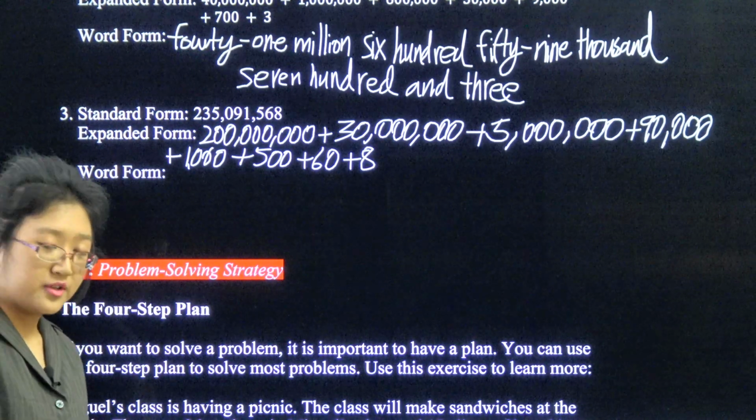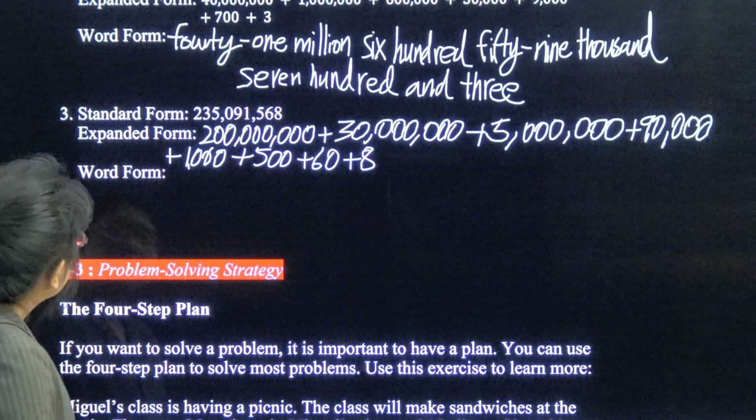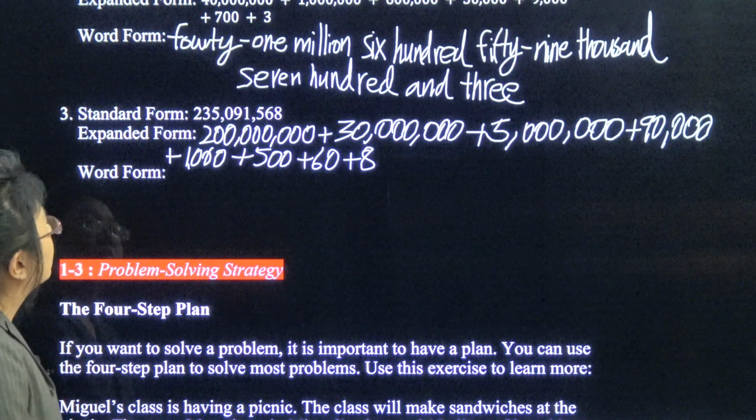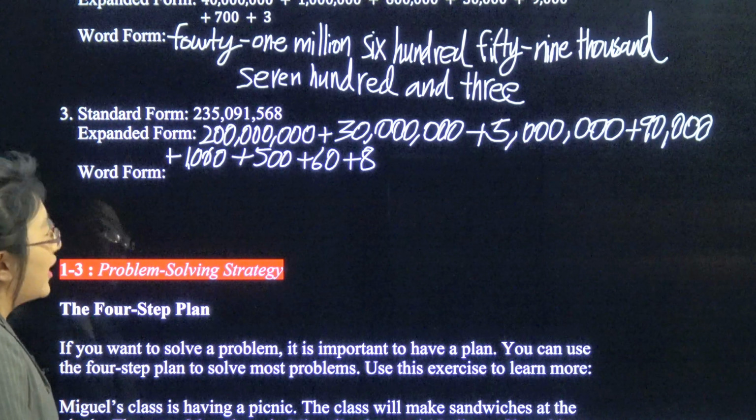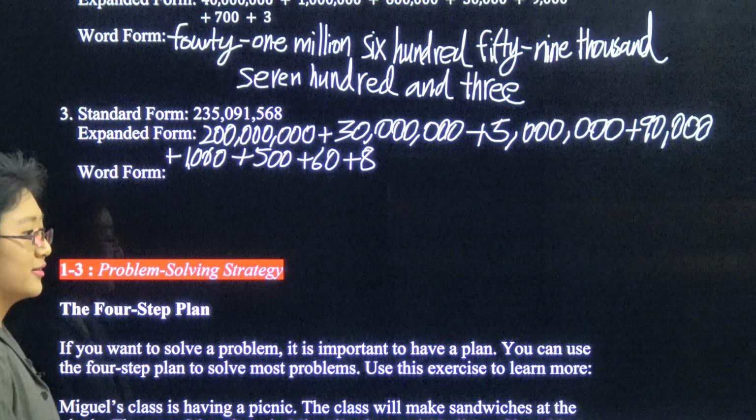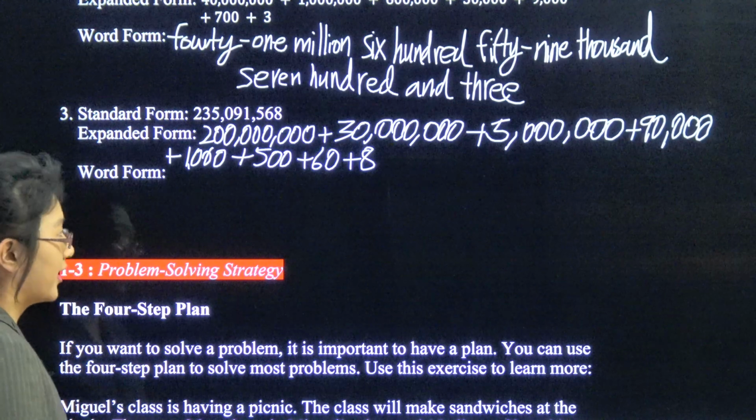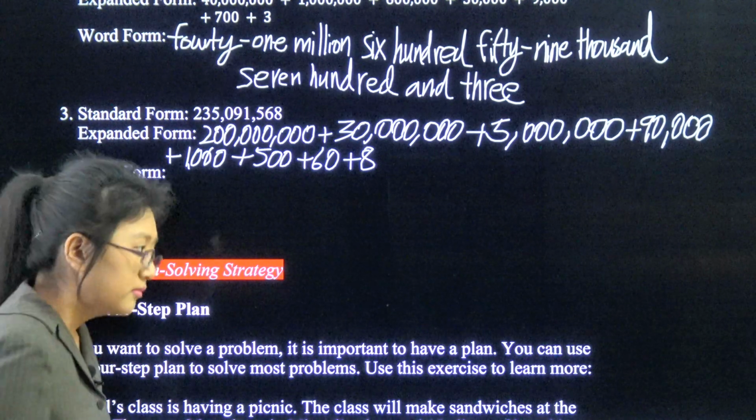Now what's the word form for this? Well, we read it out. 235,091,568. Now I like using the and over there. Some people don't.